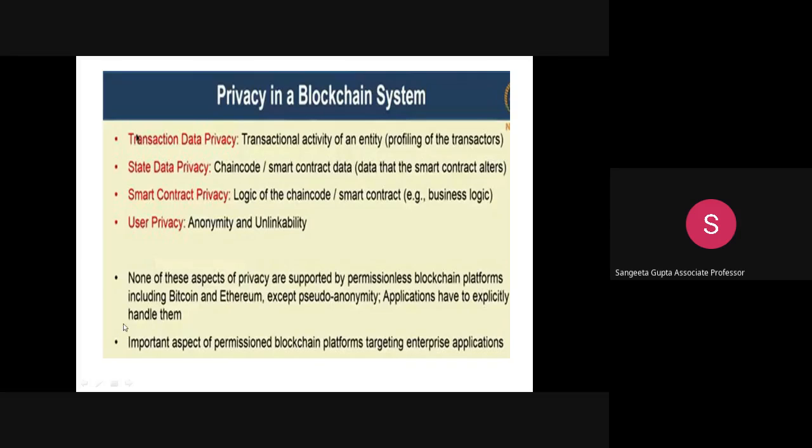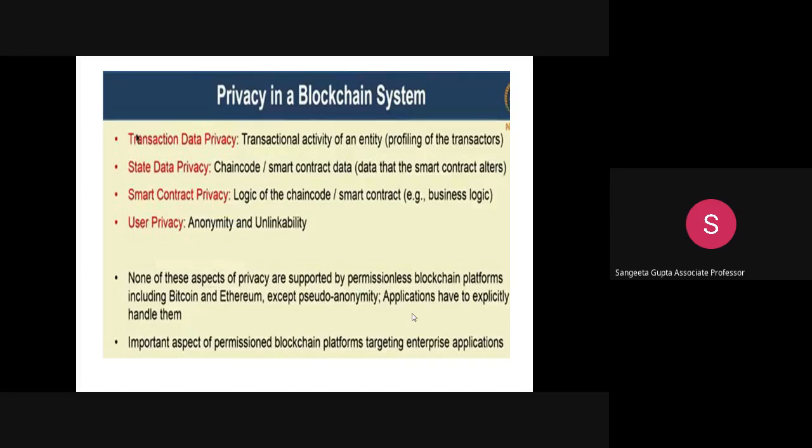Ethereum has drastically changed in the past 2 to 3 years. Now Ethereum is also offering security to a greater extent, but not as much as the permissioned environment. We cannot say these features are completely ignored, but they are partially supported by the permissionless blockchain environment, except pseudo anonymity.